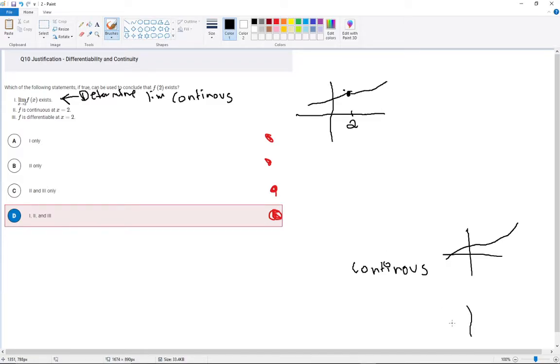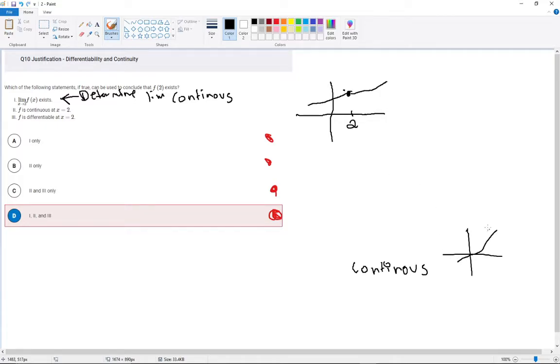For example, let's say this. I'm sorry about my graph. This will be called a removable discontinuity because there's no point over there. That means f doesn't exist at that point. So that goes back to continuity, that all points exist.